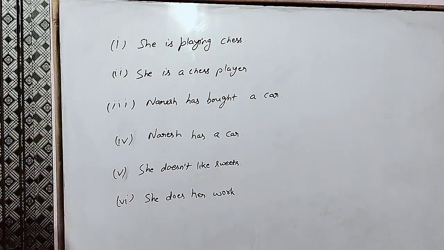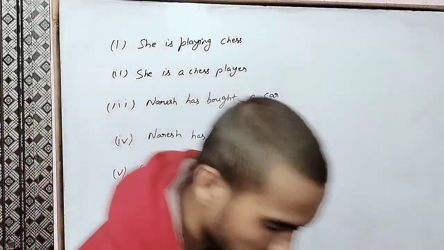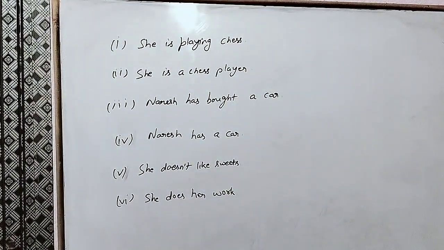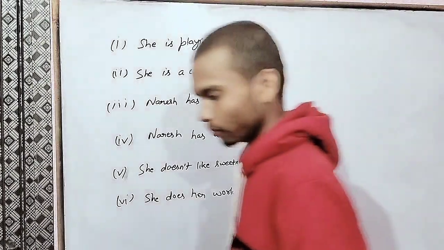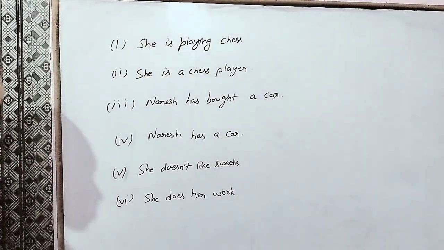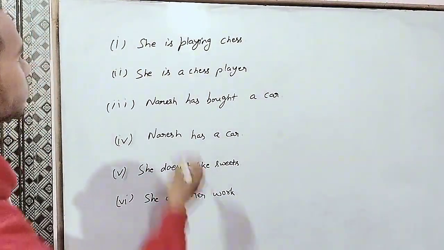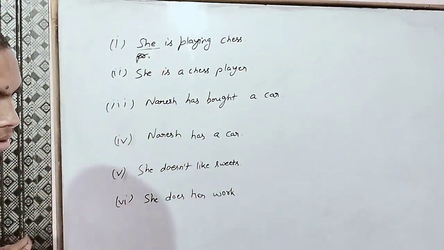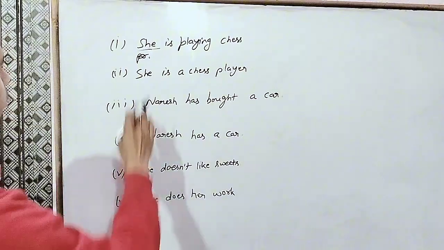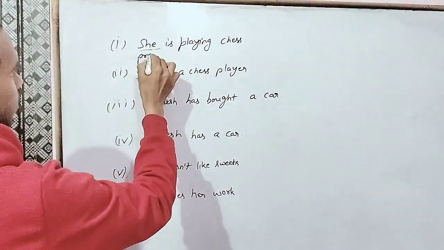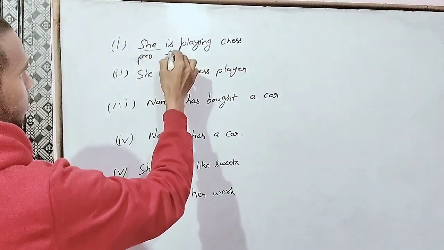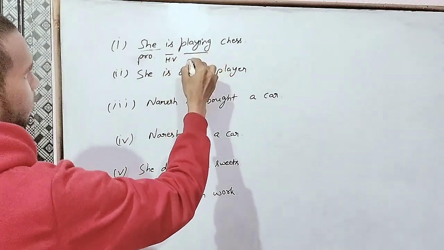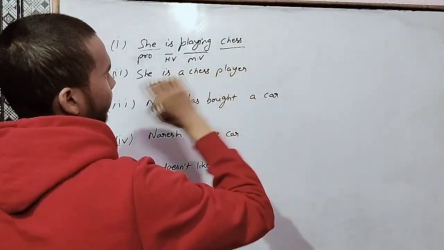Identify where is a helping verb and where is a main verb. Just have a look for a few seconds. Here we have to identify where the helping verb is and where the main verb is. Says a noun according to parts of speech. This is a helping verb and this is a main verb.